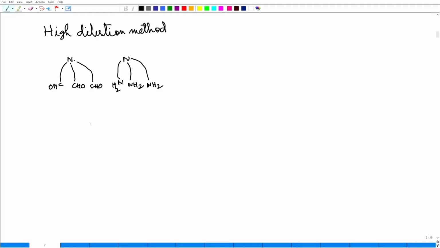While we were playing with this, one group from the US showed that they made this compound. I am showing you the amine with NH2 groups, and then glyoxal.